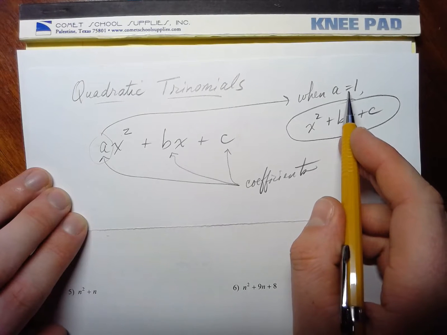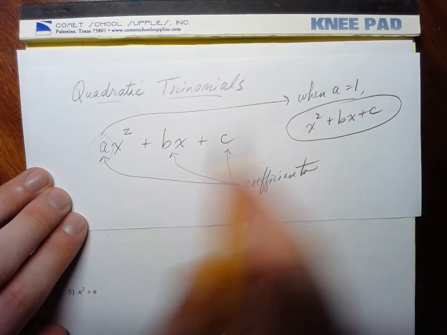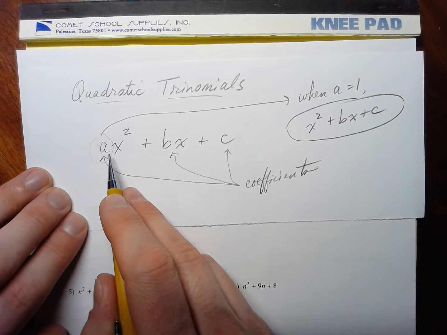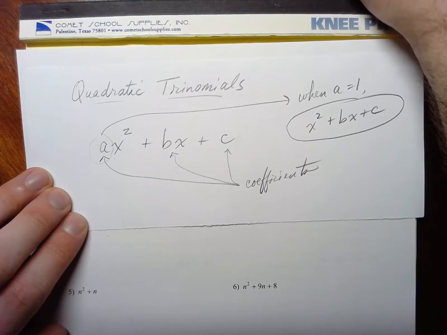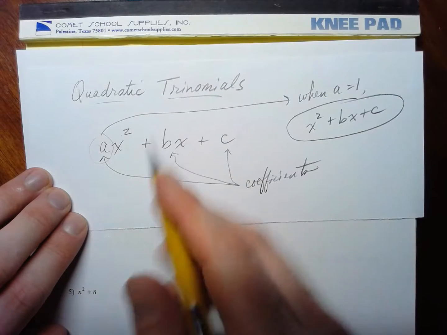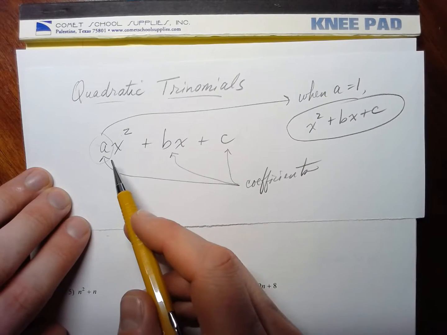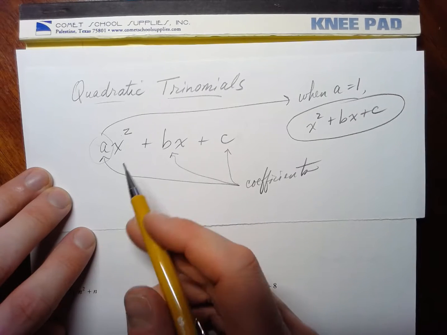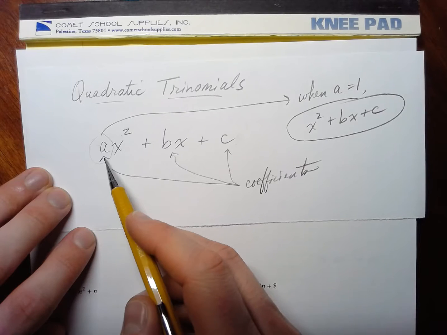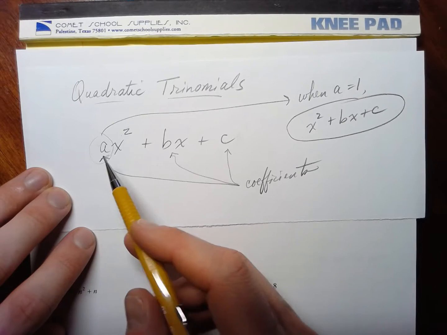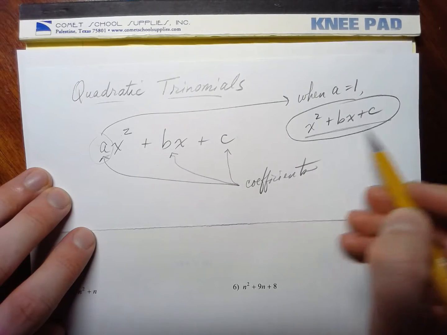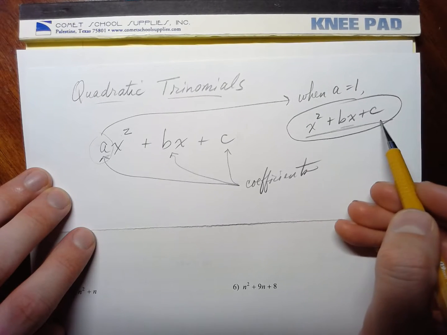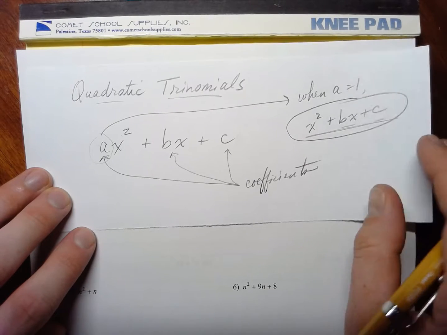I'm saying a equals 1 because when you have a quadratic trinomial where a is not 1, it works a little bit differently, and we're going to be looking at those in our next topic. Next week our topic will be where a is something other than 1. But for now we're just doing this. We have an x squared, some linear term with a coefficient, and some constant term. So that's what we're looking at.